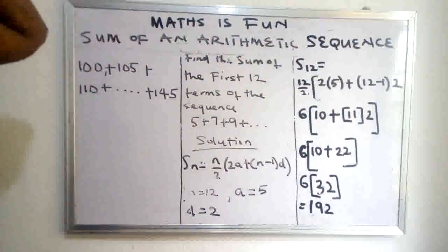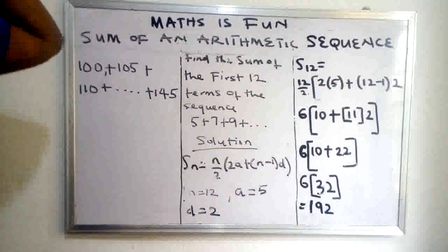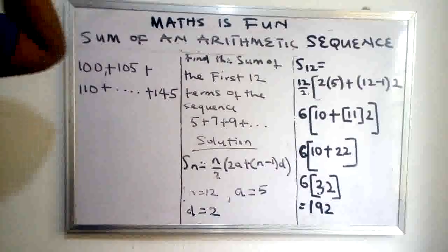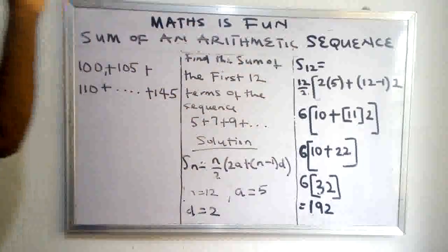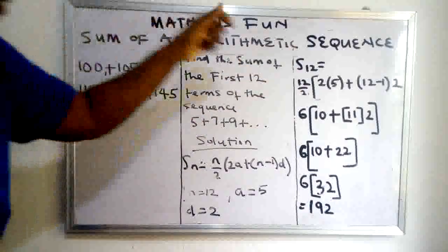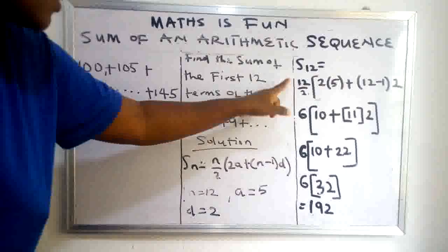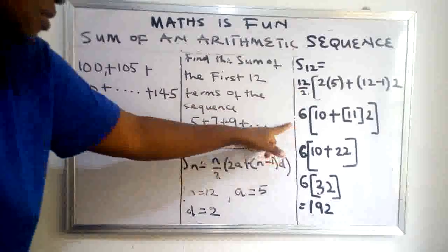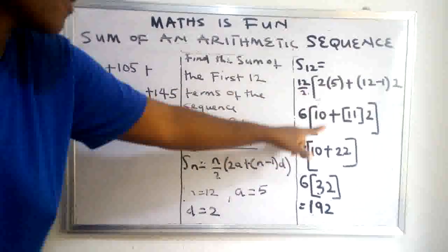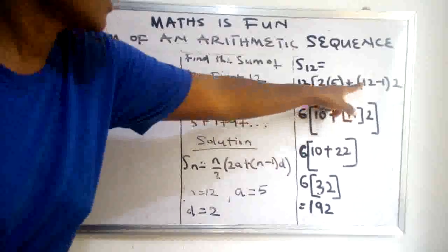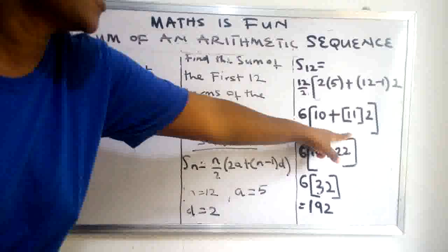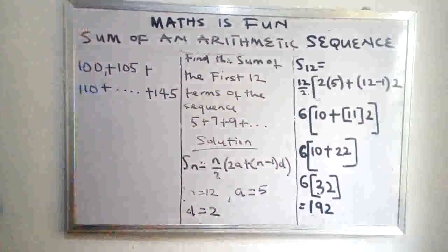2. Alright, we'll first start with evaluating what is inside the small bracket before we go over to the big bracket. Are you there? So we have our what? 12 over 2 gives us 6. Plus 2 times 5 gives us 10. Plus, what's in the small bracket? 12 minus 1, 11 times 2.